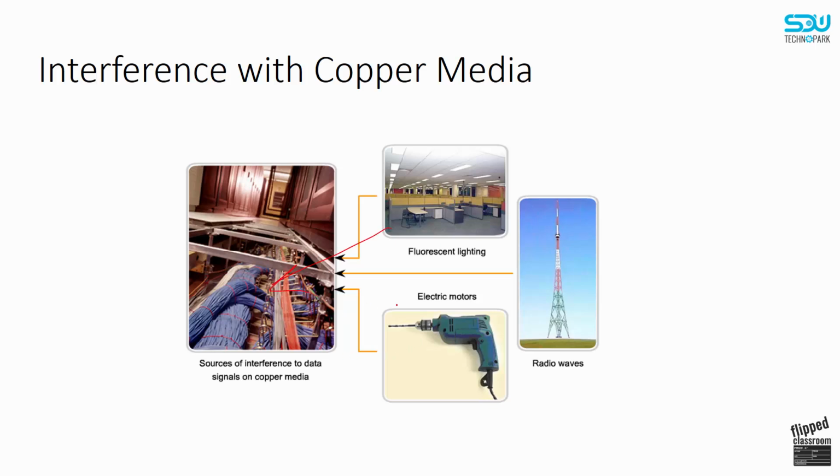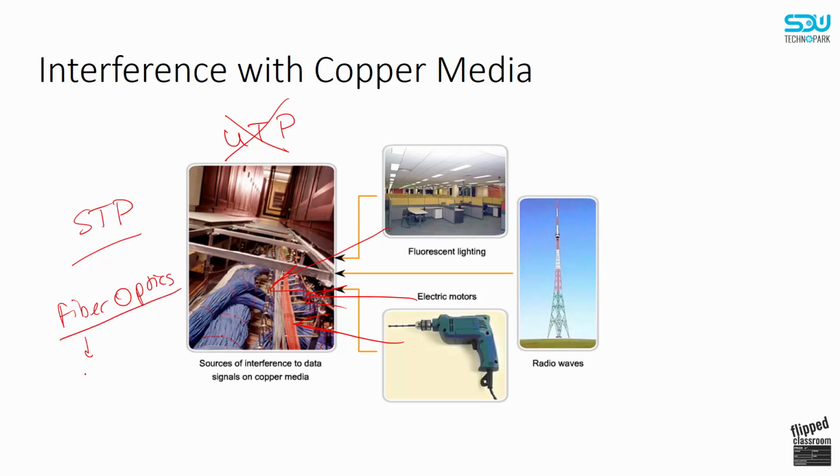They can impact your cables, and due to that, it is not a good idea to use the UTP type of cable here. It is better to use the STP cable, or the fiber optics cable, because fiber optics cable is using light signals, and when light signals are in use, electromagnetic interferences are not going to impact the light signals.